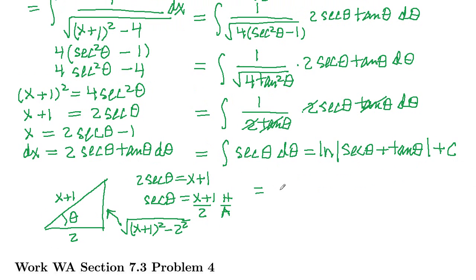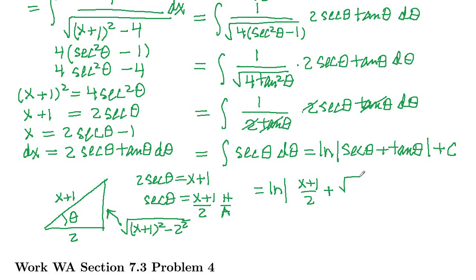And then to wrap things up here, we'll have a natural log, absolute value, secant theta is x plus 1 over 2, plus, and then tan theta is opposite over adjacent.